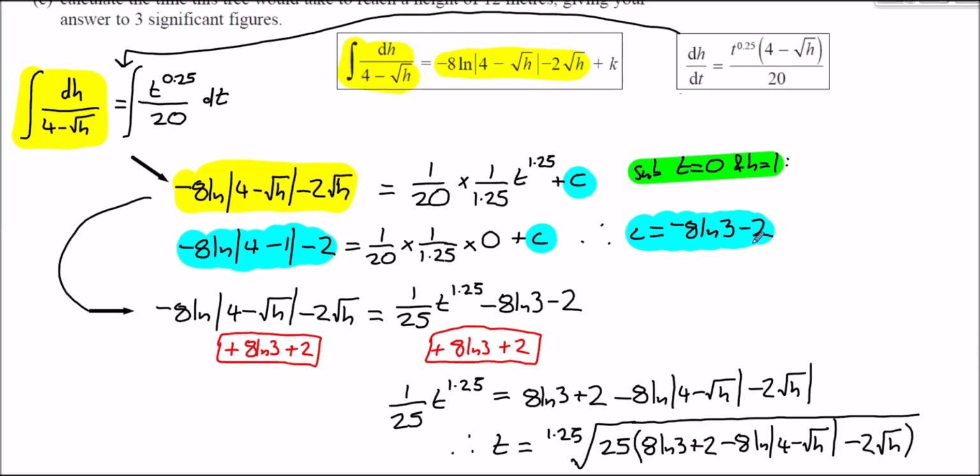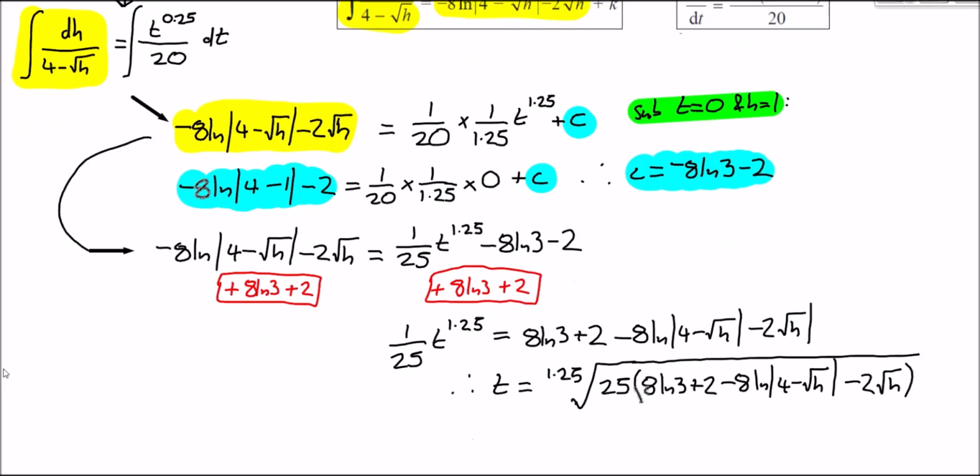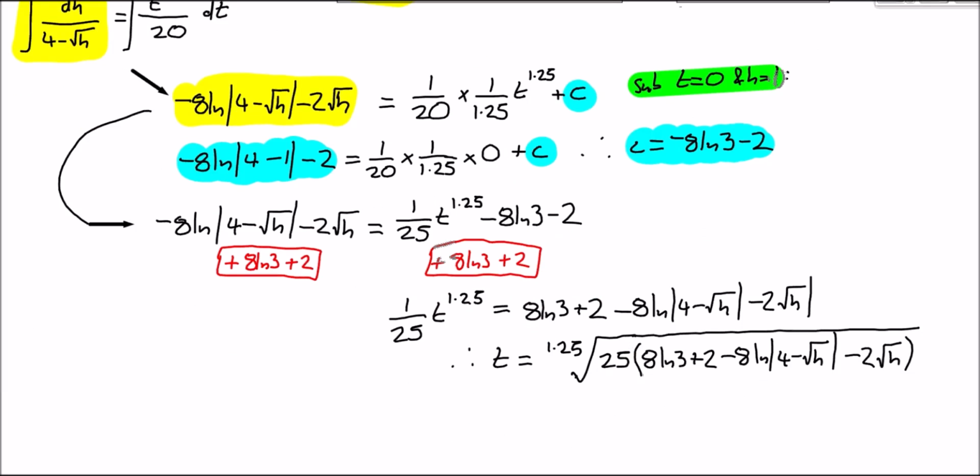Now I want to work out the time for the tree to reach 12 meters. So the final step now, I'm going to sub that h equals 12.